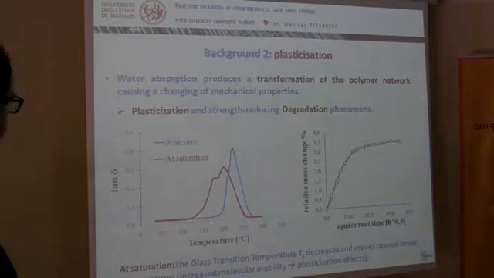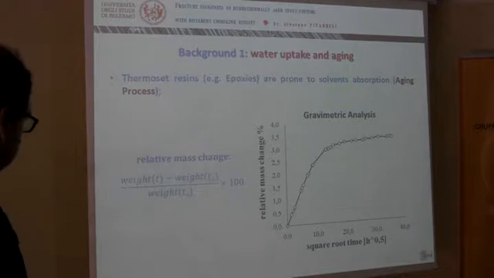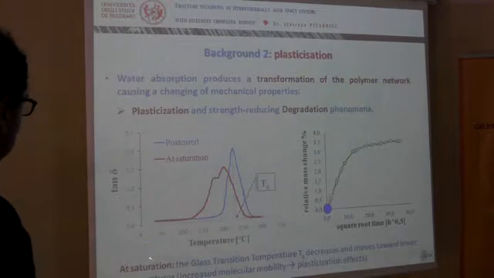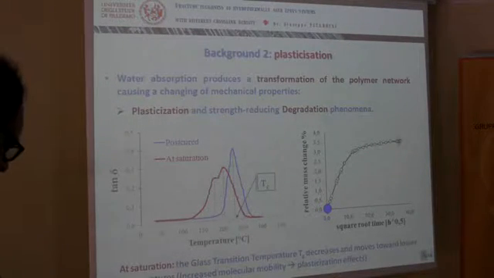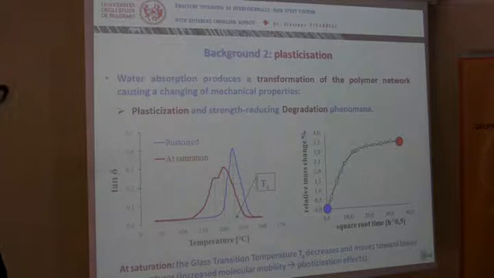As you can see here, you basically have this blue curve, which is the material in the not aged state, and the red curve, that is the material in the saturated state.